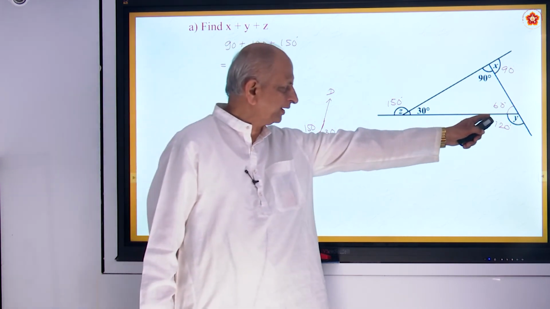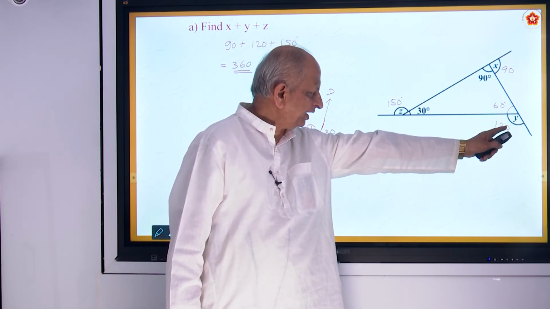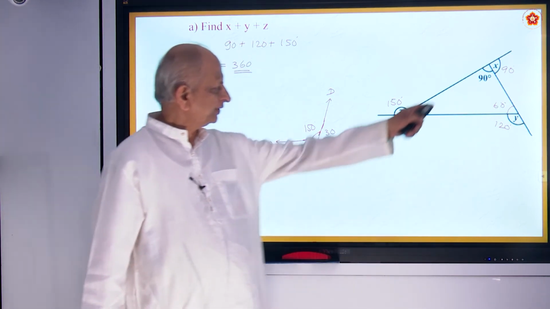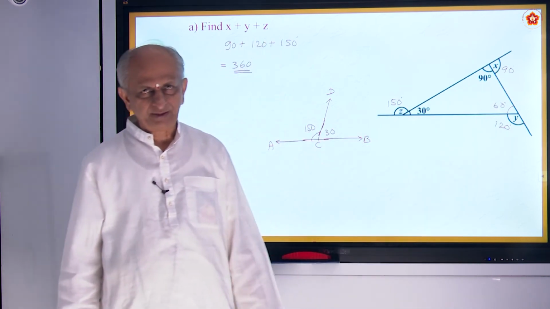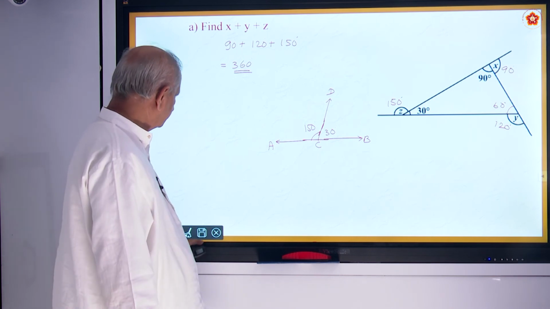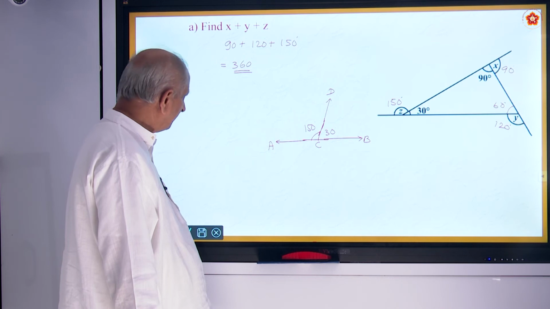Similarly, the same way here also. The sum of these two is 180. If this is 60, the exterior one, that is called the exterior angle, becomes 120. Here also, the interior angle is 90, therefore the exterior becomes 90. Add all that, that gives 360 degrees. Noted? Shall we do one more problem?